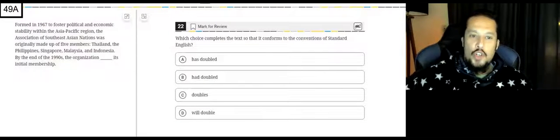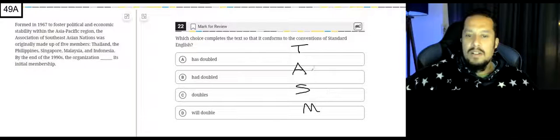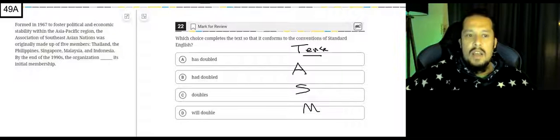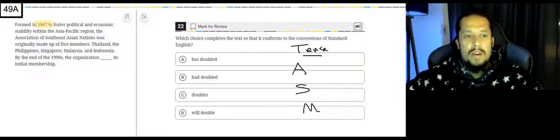Indeed, sir. The TASM. Let's check tense, right? Let's check tense. If you're going into the paragraph, in 1967, the paragraph shows us it has begun with the past tense form. And then if you continue reading, the paragraph was originally made, and by the end of the 90s.